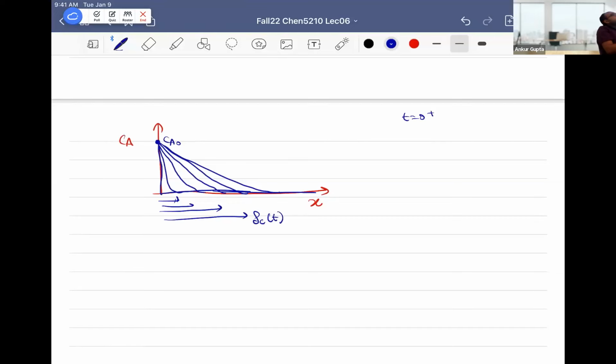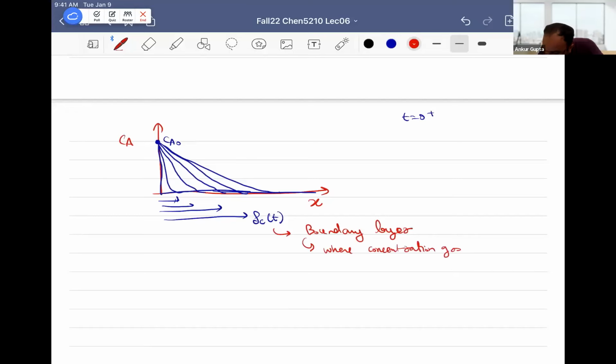And this region where concentration gradients are present is called the boundary layer. So this is the region where concentration gradients are significant, not vanishingly small. Delta of C.